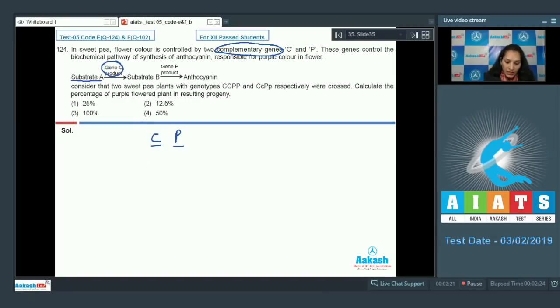Now see here, there are two plants. Parent 1 has the genotype capital C, capital C, capital P, capital P, and parent 2 has genotype capital C, small c, capital P, small p. Parent 1 will produce only one type of gametes, that is capital C, capital P. You can calculate the types of gametes with the formula 2 raised to the power n.